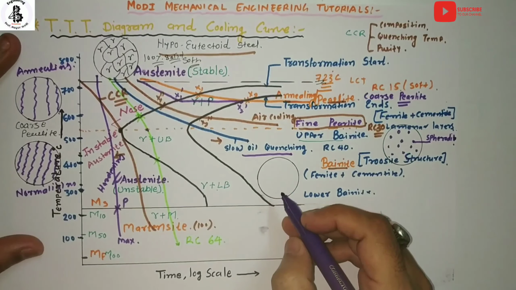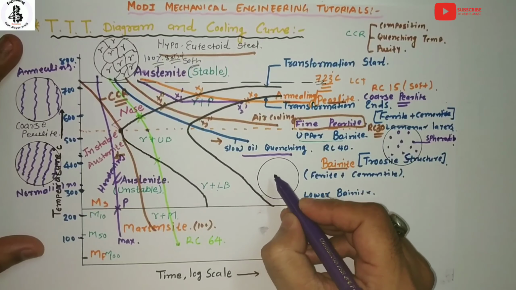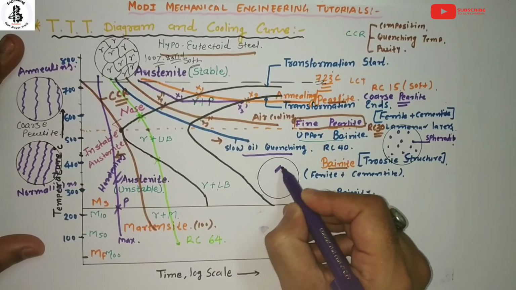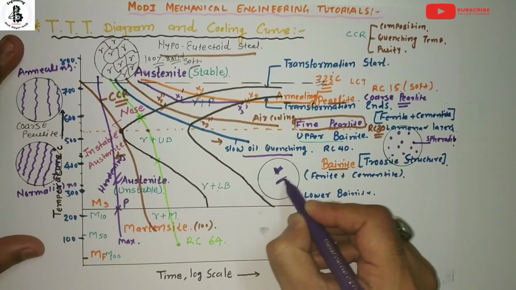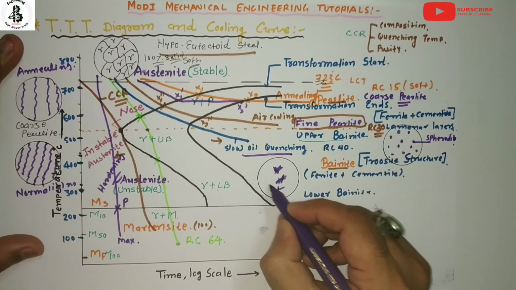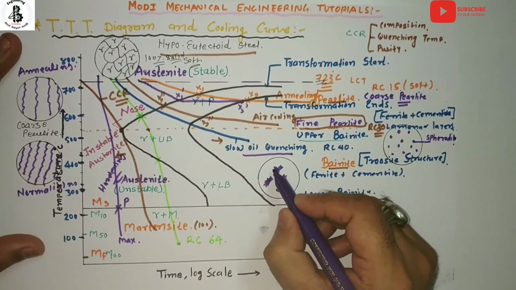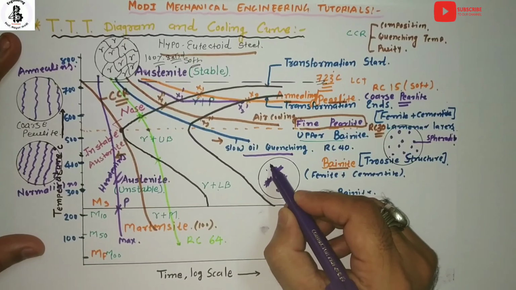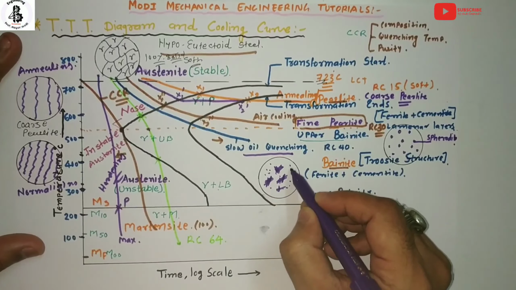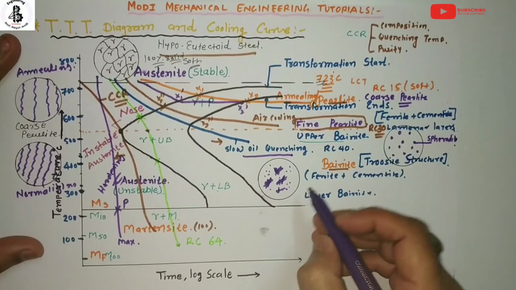Let's see over here. These troostite kinds of structures are found only with the help of the austenite tempering process, where interrupted cooling methodology is applied to the cooling rates. That will be the formation of the troostite kind of structure.